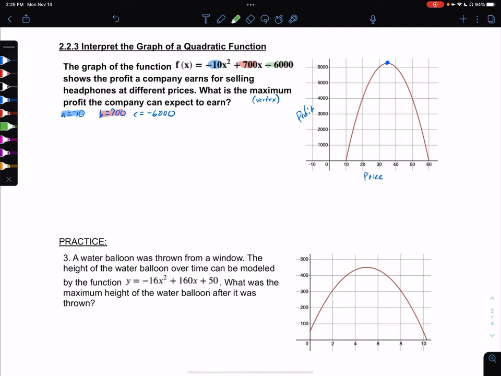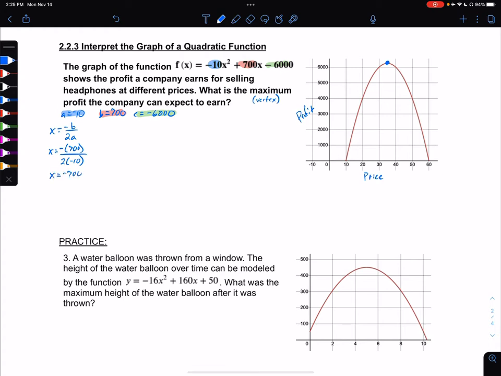We won't wind up using C in this case because we don't need the y-intercept, but it's always good to label. So now that we have A, B, and C, we're going to work on finding the x-coordinate of our vertex, and x is equal to negative b over 2a. So x is equal to negative 700 over 2 times negative 10.